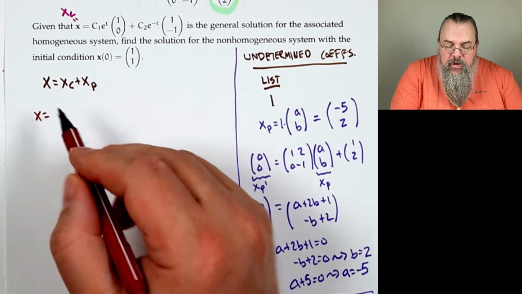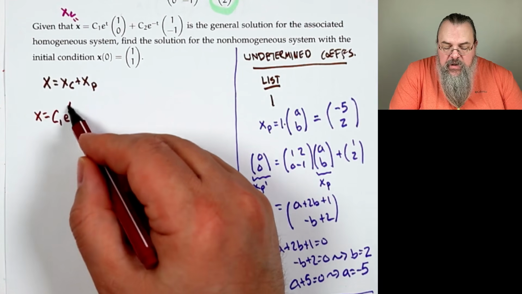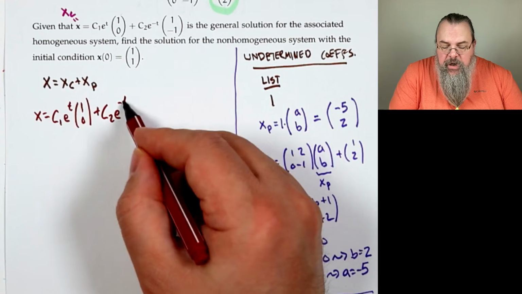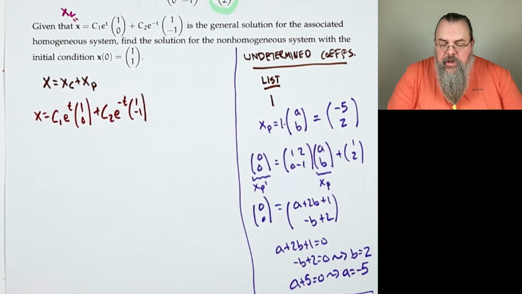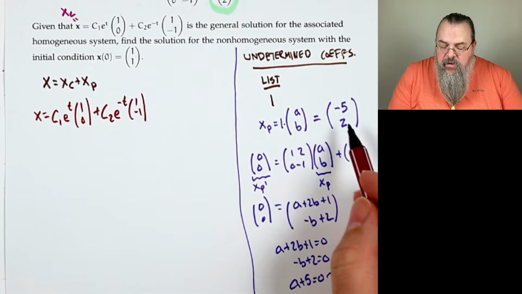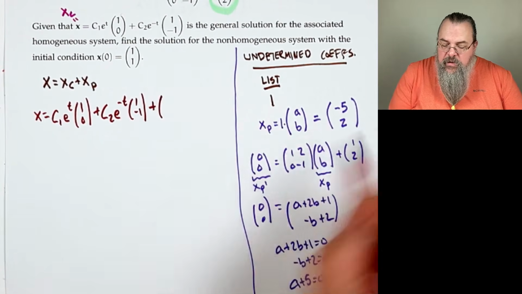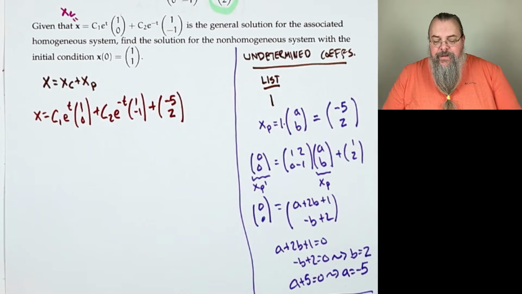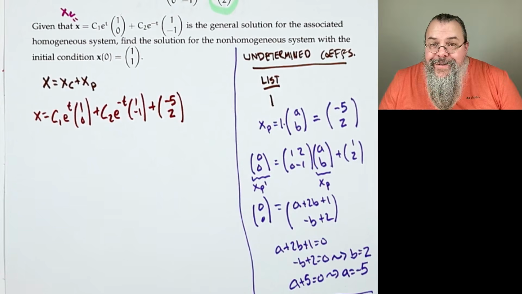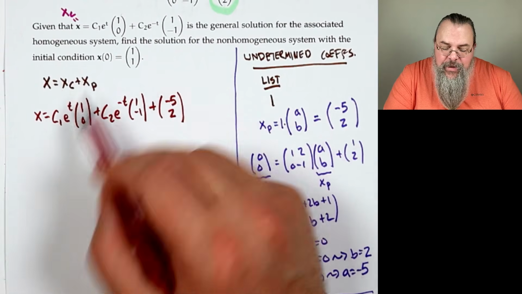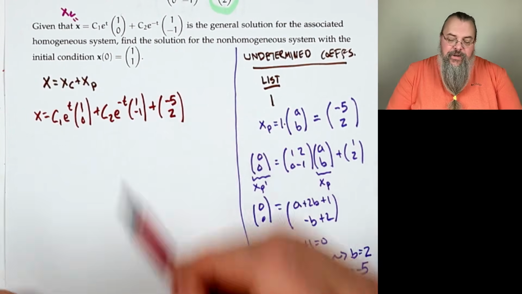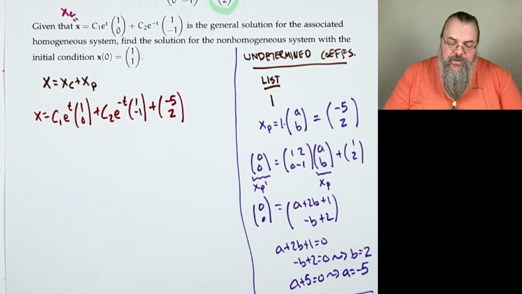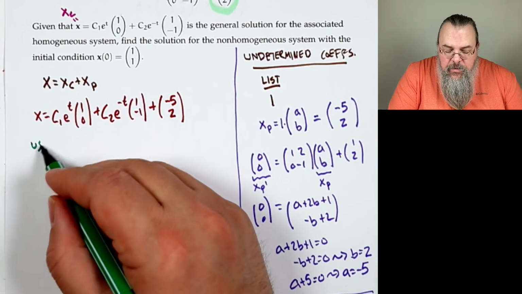So we have x is some constant c1 e to the t [1; 0], plus some constant c2 e to the minus t [1; -1], plus this [-5; 2]. Now, what's our next step? Next step, we need to solve for C1 and C2. So we're going to use our initial conditions to solve for C1 and C2. And so I'll just put a note here.